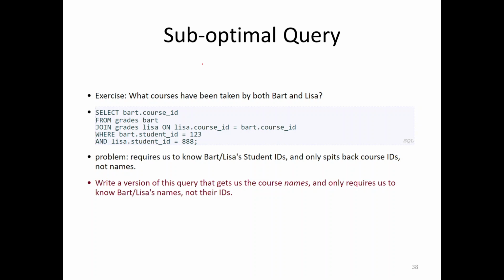So let's imagine that I would like to find all the courses that Bart took. What should I do? In this case, remember I have the students table. I just need to link it. It is linked to grades, right? And the grades table is also linked to courses, right?